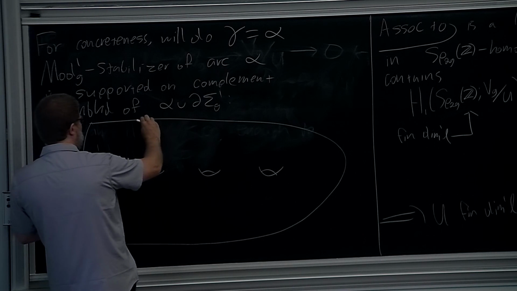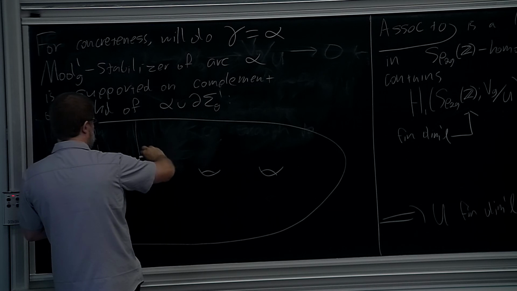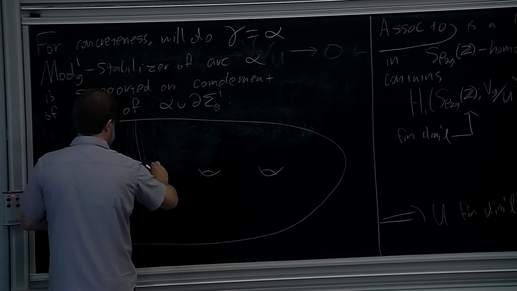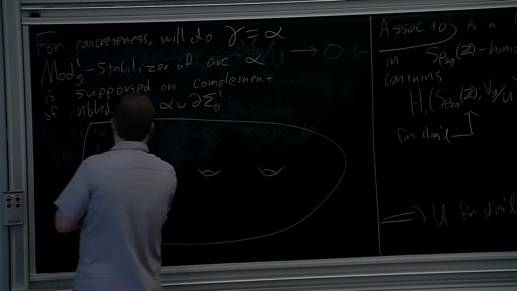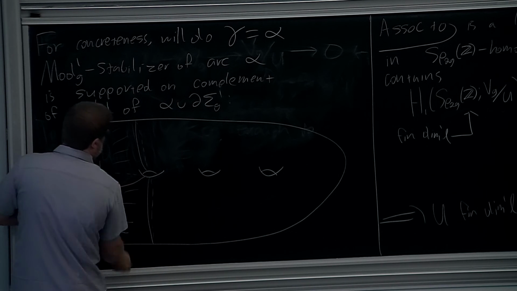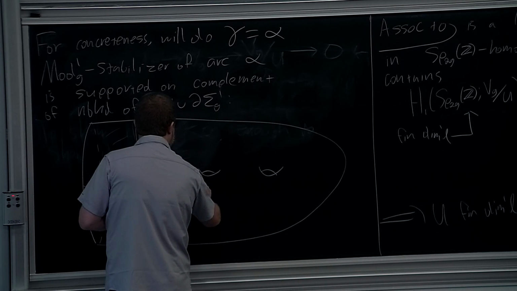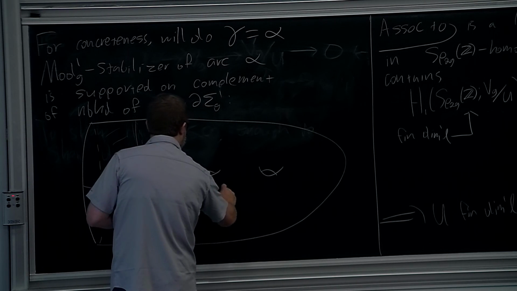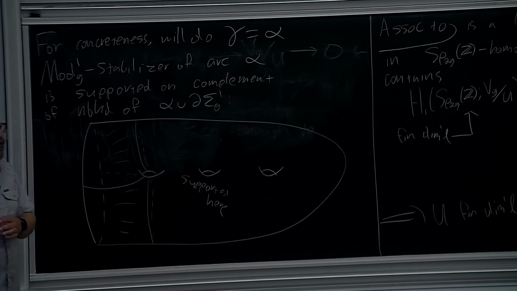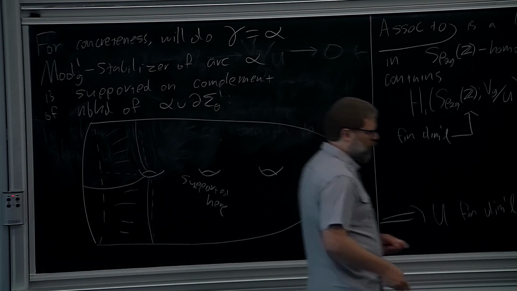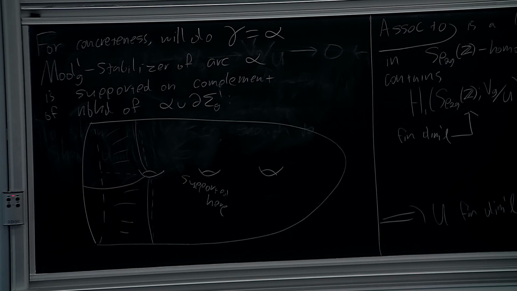So that neighborhood looks sort of like this. So in other words, we're supported here. So the stabilizer is contained inside something that's like genus G-1, but with 2 boundary components.